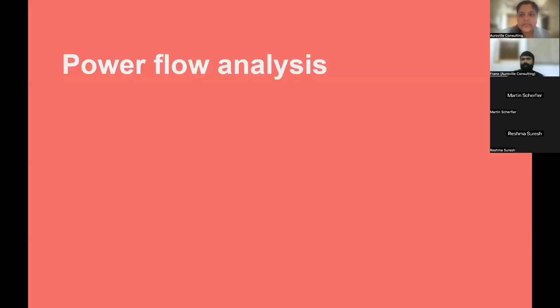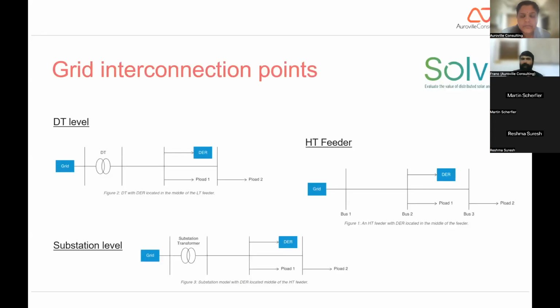Moving further to explain a bit about the power flow analysis. Here we will be looking at different configurations that have been established in the SOLVA tool, and in this slide you can see the various analysis levels and interconnection points.